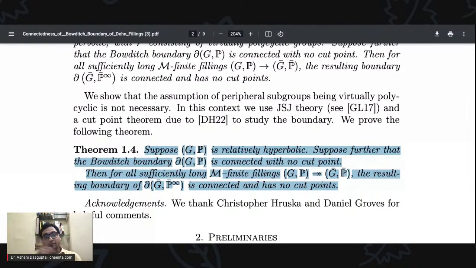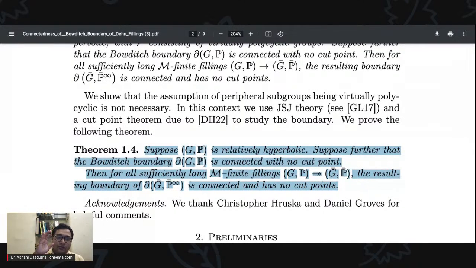So that's a major tool in this particular theorem 1.4. The other tool that we use is a major structure theorem related to R-trees. It's a very fascinating part of mathematics, the R-trees. If you are interested in that, you can also check out the work of Bestvina. There is an expository article by Bestvina on R-trees and group theory and so on.